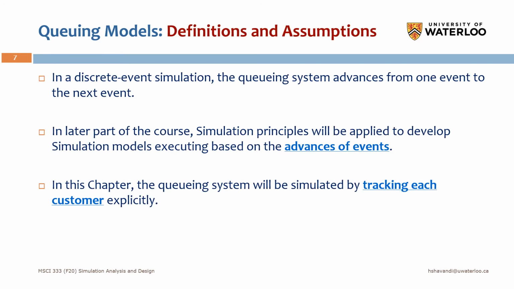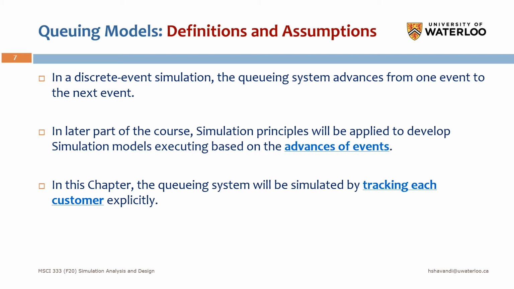The queuing system is one of the best examples for a discrete event simulation, DES, model. In discrete event simulation, as we talked about before, the system advances from one event to the next event.